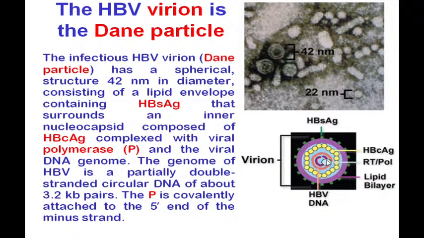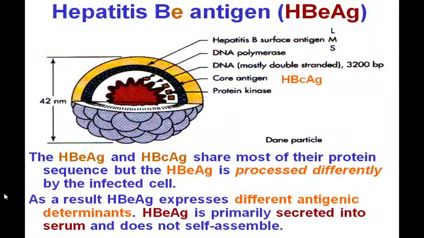If you take a look at the cross section, we can see also here the hepatitis B core antigen. There we also have a very minute amount of HBe antigen, which is also core antigen. But we have totally different processing of the HBc antigen and HBe antigen in the infected cell.